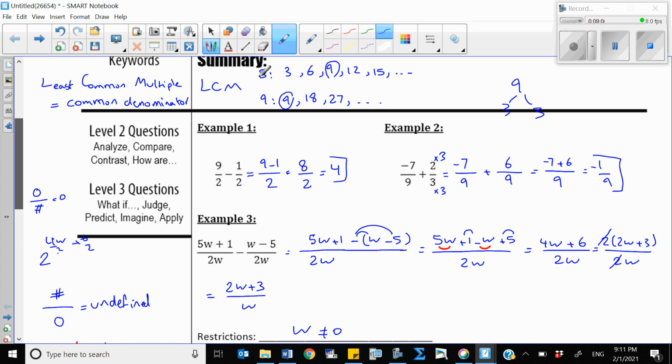So if the denominator of one fraction is a factor of the other, we can take the bigger one as our common denominator. Here 9 was divisible by 3 because 3 was a factor of 9, so I just took the 9 as my common denominator.